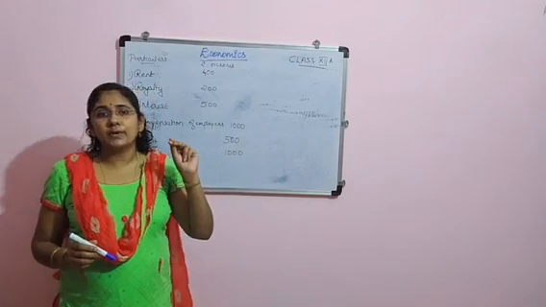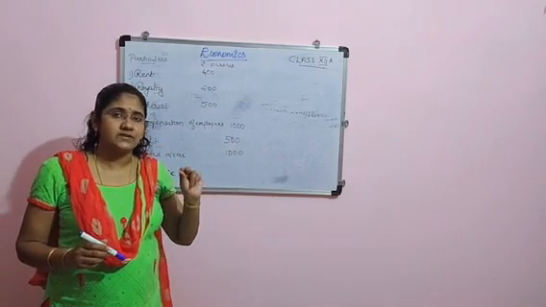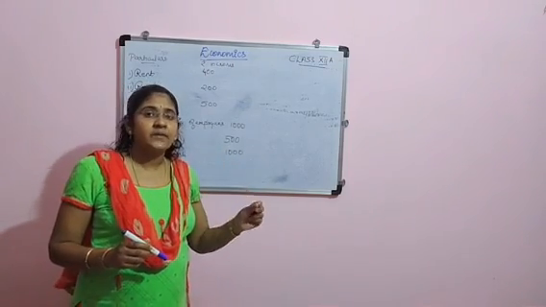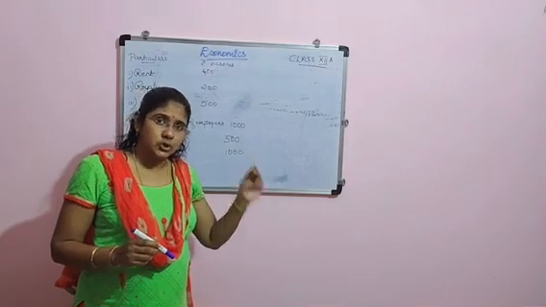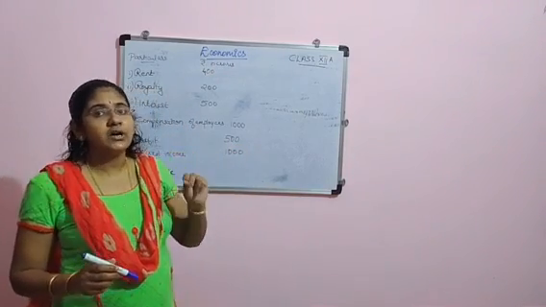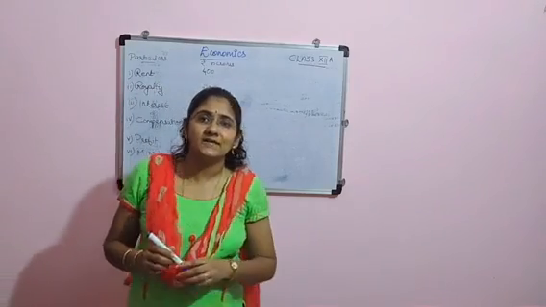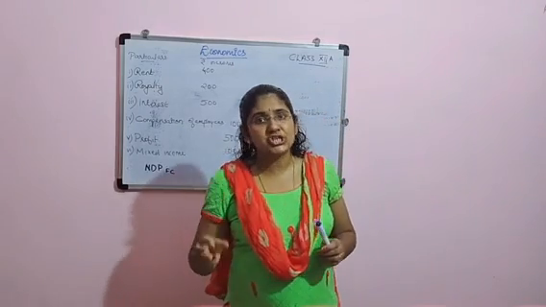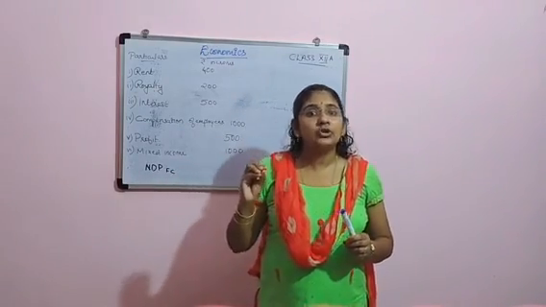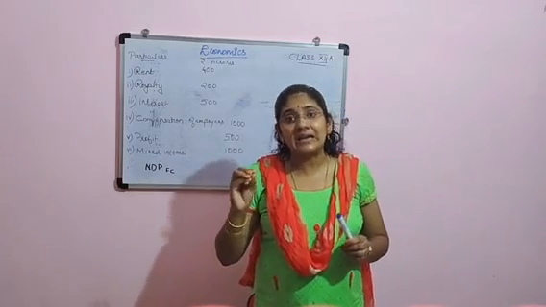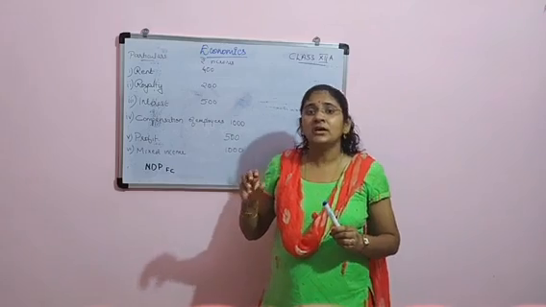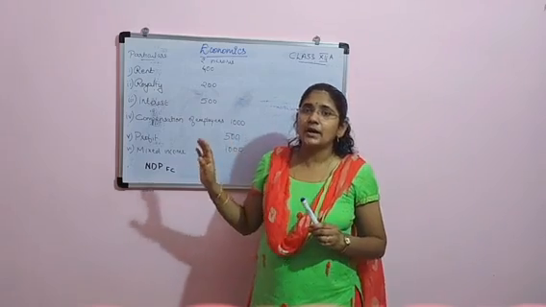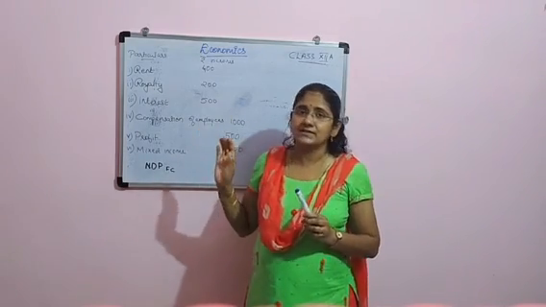If you keep in mind these three points, and how depreciation is converting the net value to the gross value, and how net factor income from abroad is playing the role of converting domestic income into national income, and how net indirect tax is playing the role of converting factor cost into market price, you are able to do these practicals very easily.